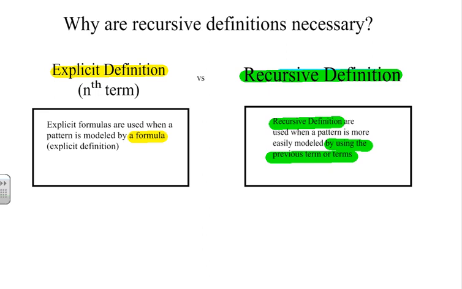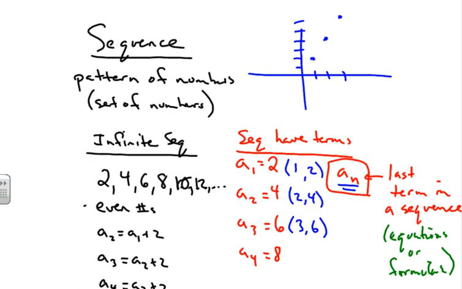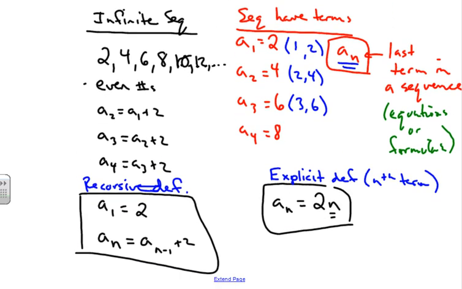In our example, when we tried to define this sequence up here in the nth term using a formula, what we just created was an explicit definition.